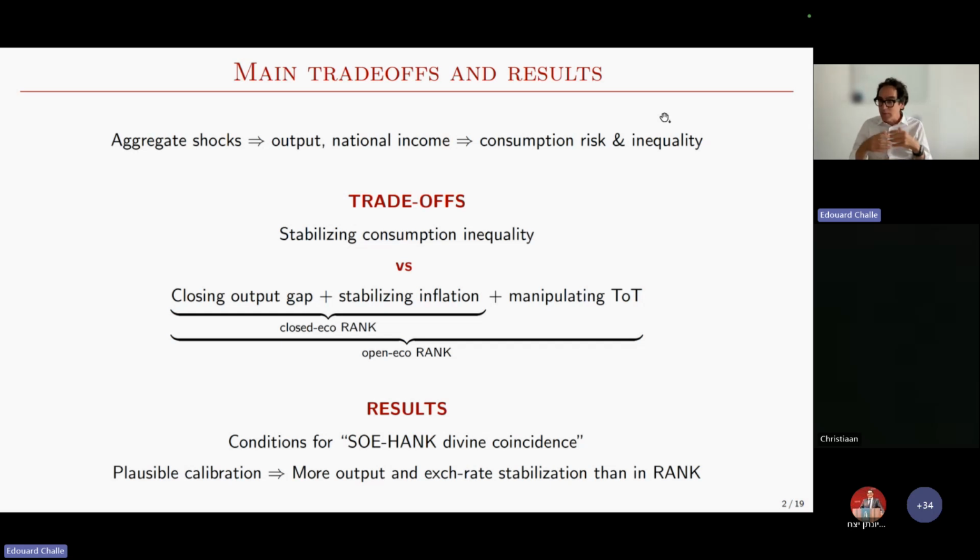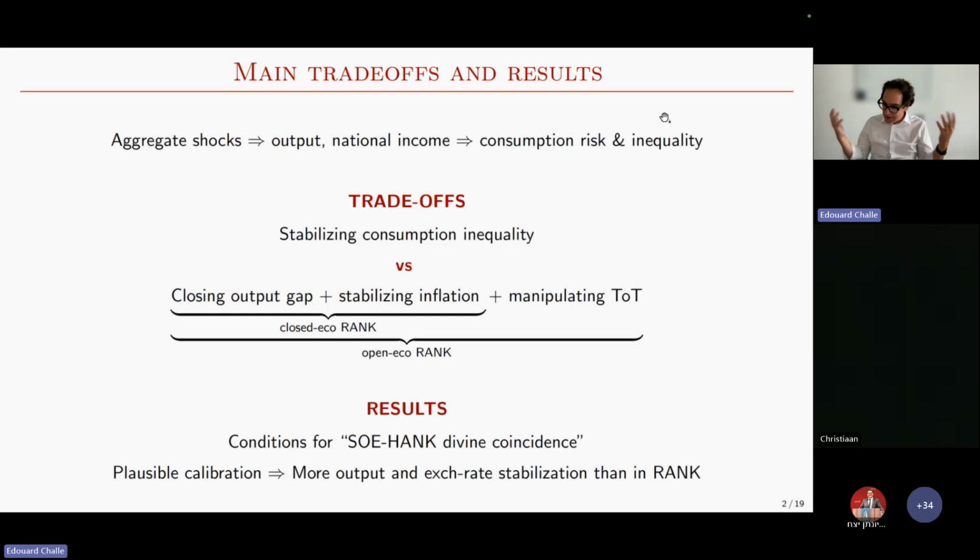Okay, to the extent that the other policymakers are not fully dealing with these inefficient fluctuations in risk and inequality, the central bank will have to play its part, and stabilizing consumption inequality may conflict with the traditional objectives that the central bank has and that the traditional open economy literature has studied extensively.